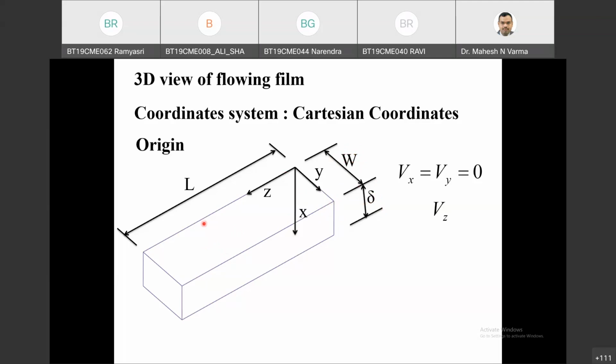Almost 90% of the molecules, the effect of this open surface will penetrate through 5% here, 5% here. So in 90% of the area in the y direction, Vz is constant. Only it is changing here and here, and W is very large.